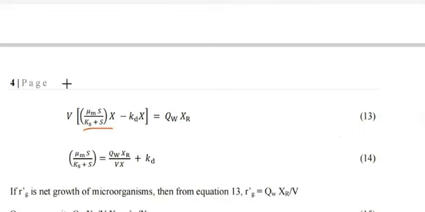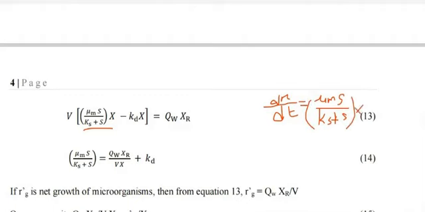Okay, so we can say that dx by dt is equals to mu m s by (k suffix s plus s) in bracket, x minus kd x.